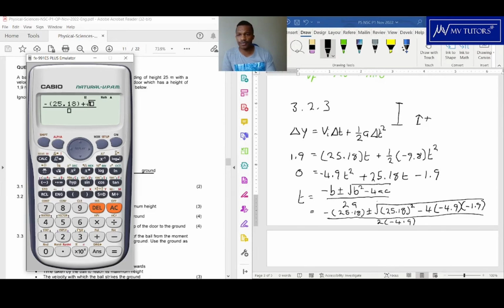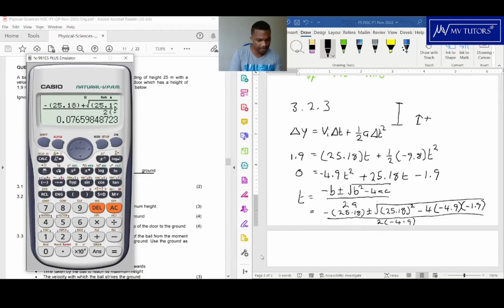Square root, open the bracket, 25.18, close it, square that, and then it's minus 4, open brackets, minus 4.9, close the bracket, open another one, minus 1.9, close it, and let's go downstairs. It's 2, open a bracket, minus 4.9. So you put it exactly in your calculator as it is.